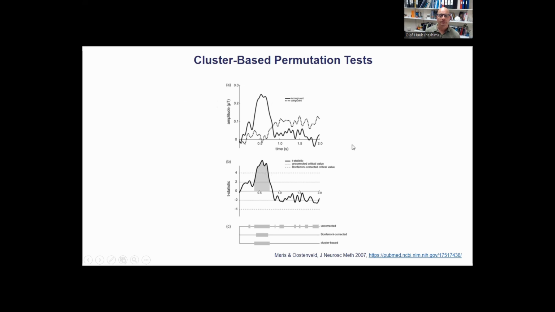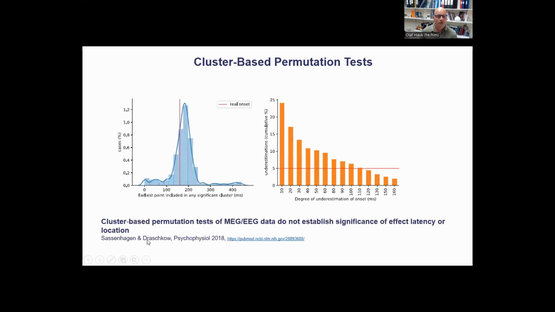And this is something that Sassenhagen and Draschkow looked at in more detail. I'm just going to summarize this here. The title already basically presents the conclusion: cluster-based permutation tests of MEG/EEG data do not establish significance or effect latency or location. All you know is that there is something significant within the cluster, but not exactly where in the cluster.